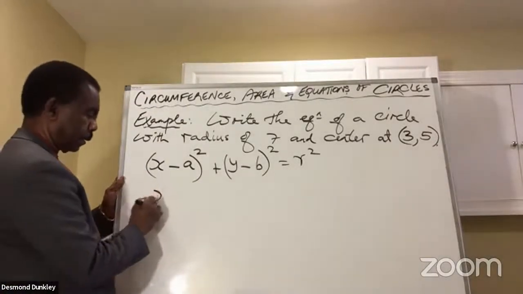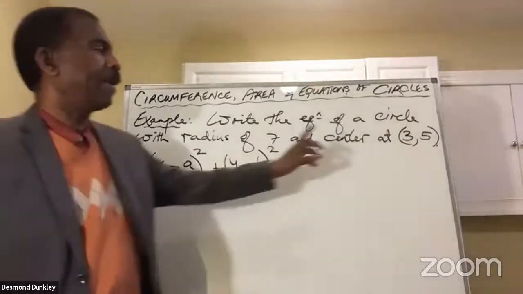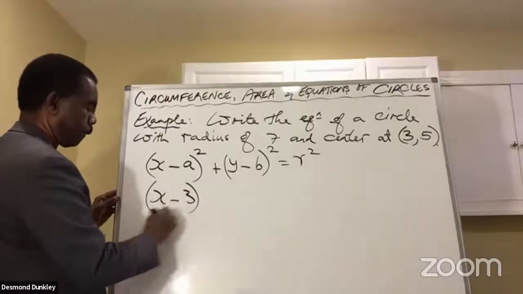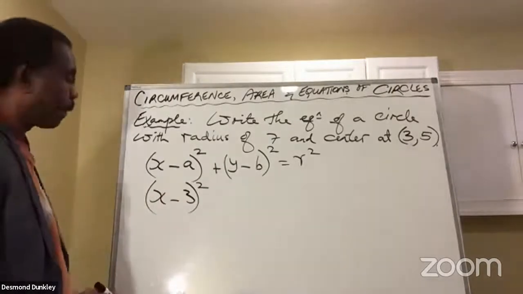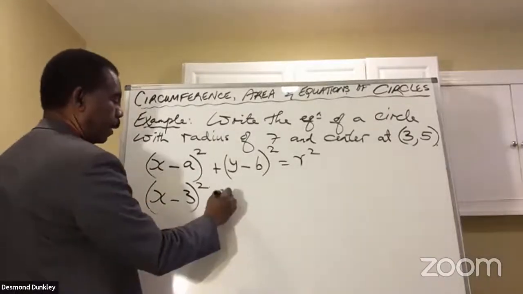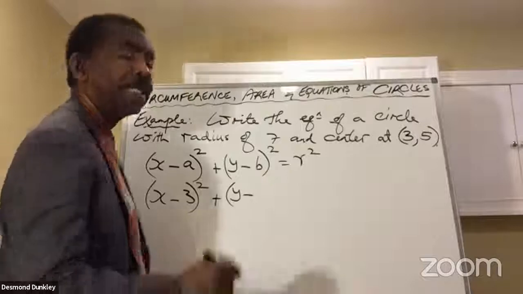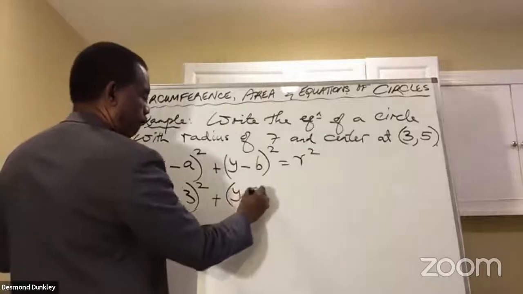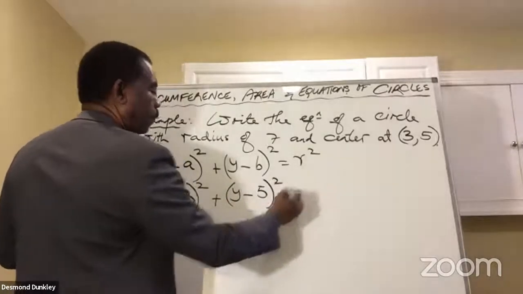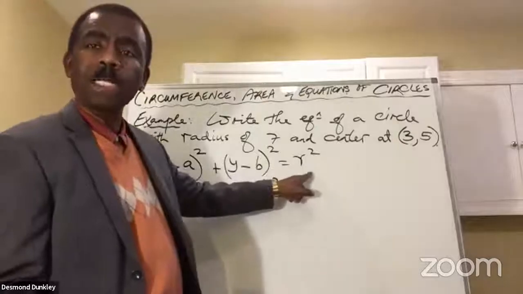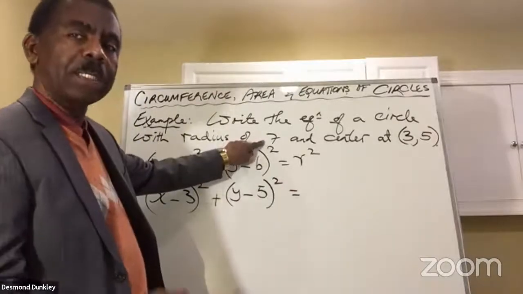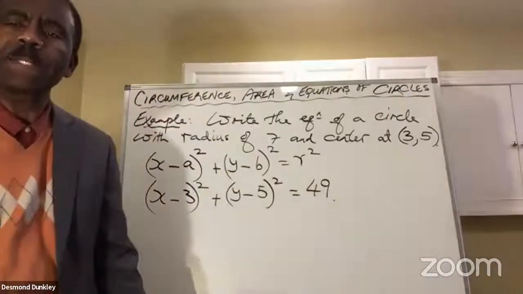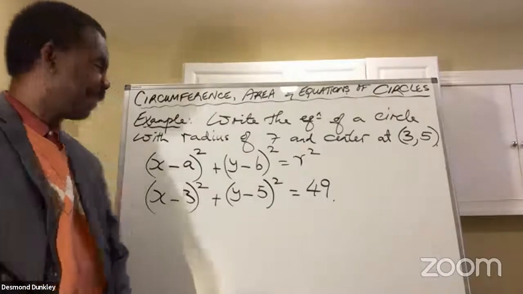So x minus, what is the x value at the center? It's 3. And you square it plus y minus, what is the y value at the center? It's 5. Equal to r squared. What is r? R is 7. What is r squared? And that would be the answer to the question.